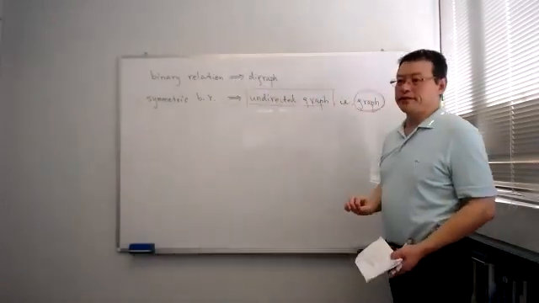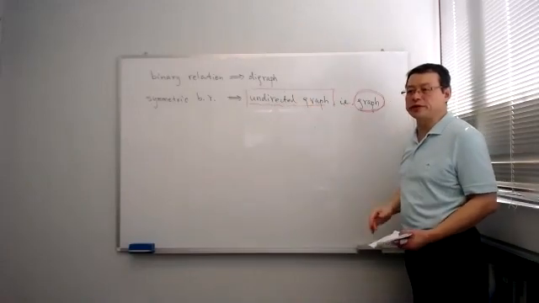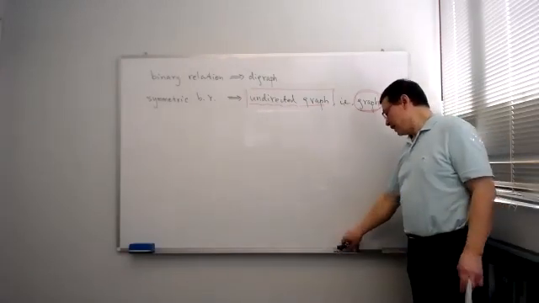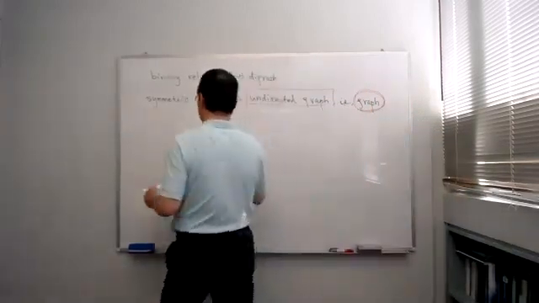So now we formally define the graph. Instead of coming from a symmetric relation, it's corresponding to a symmetric relation. But formally, we'll define the graph as an ordered pair of objects.